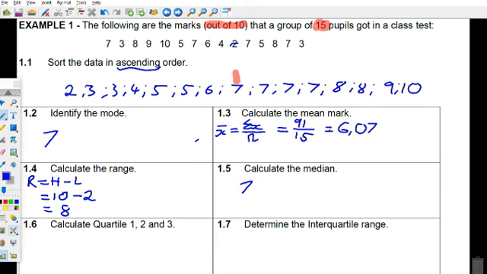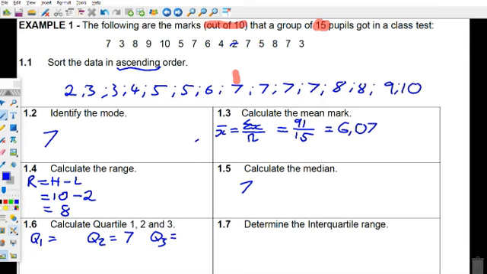Now we need to find my Q1, Q2, and Q3. What is my Q2? We already found it. It is 7. So Q2 equals 7.